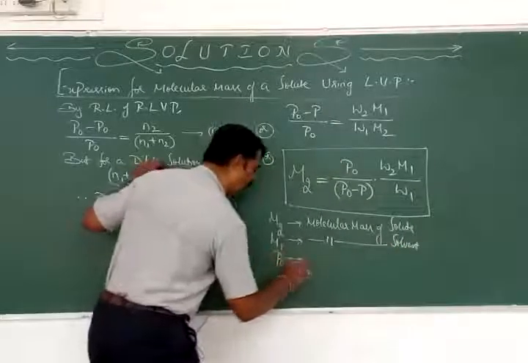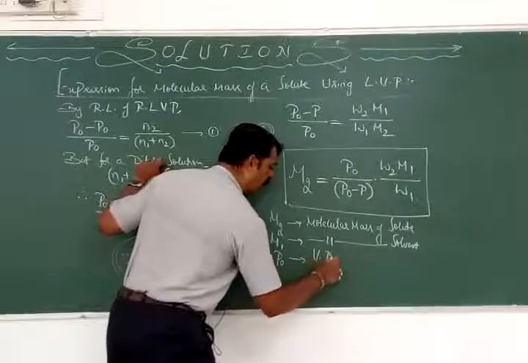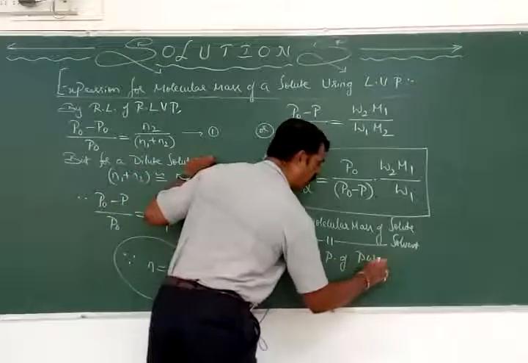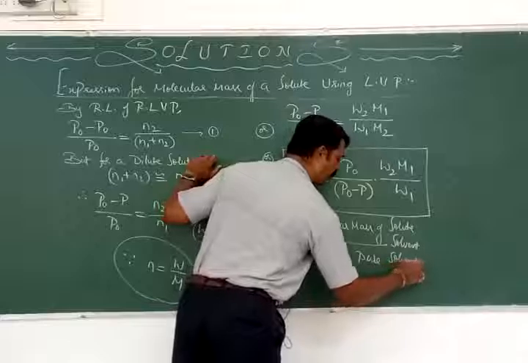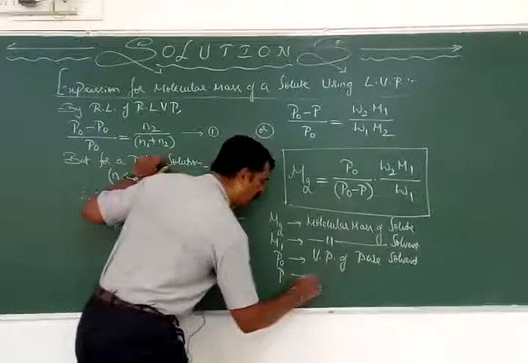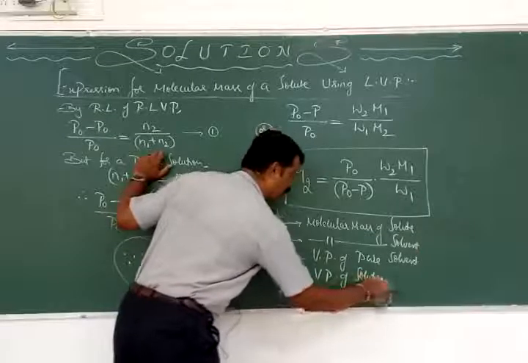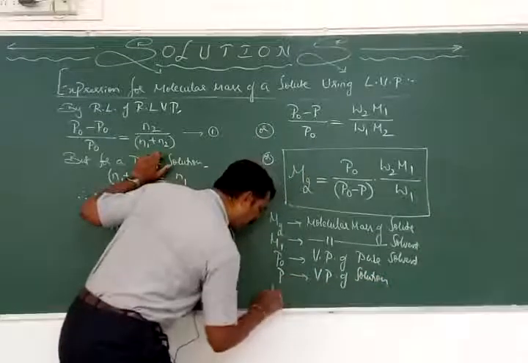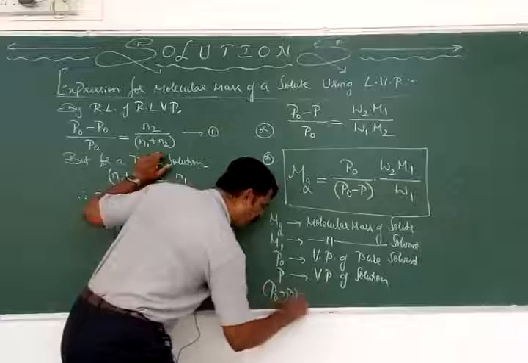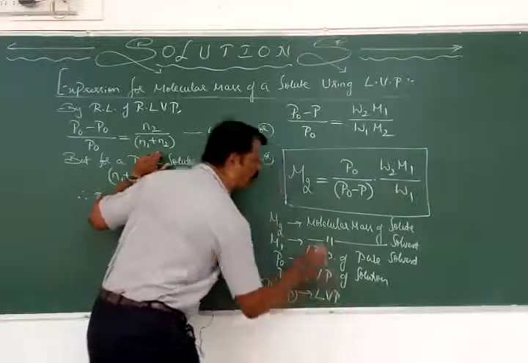P naught is the vapor pressure of the pure solvent. P is the vapor pressure of the given solution. P naught minus P is indirectly called LVP, lowering of vapor pressure.